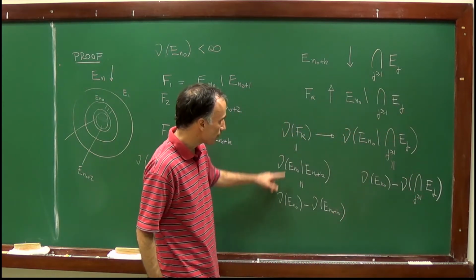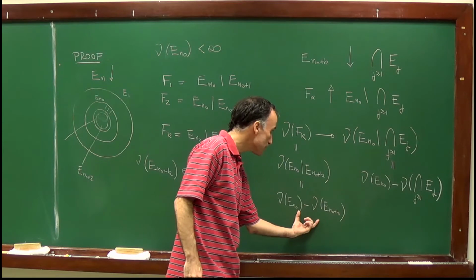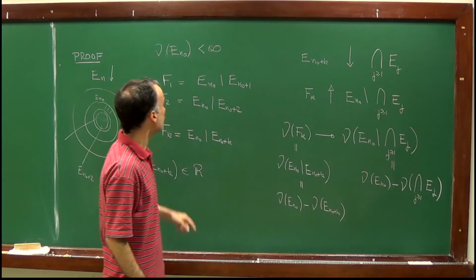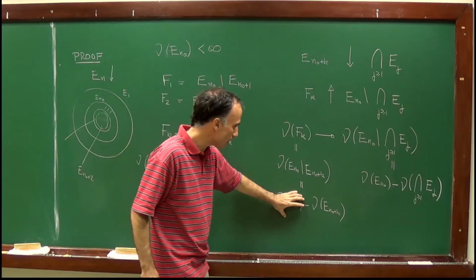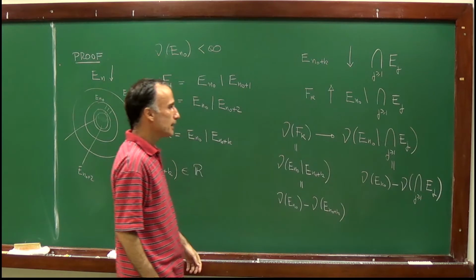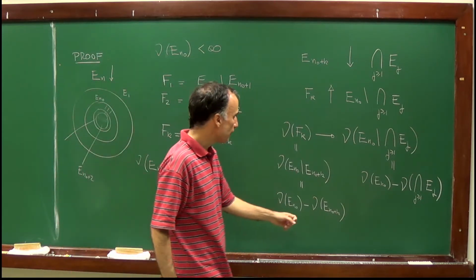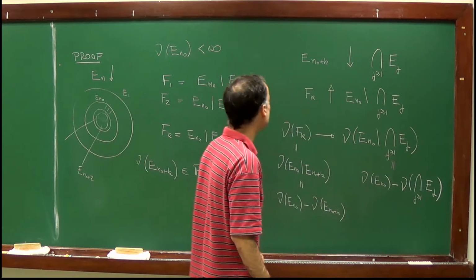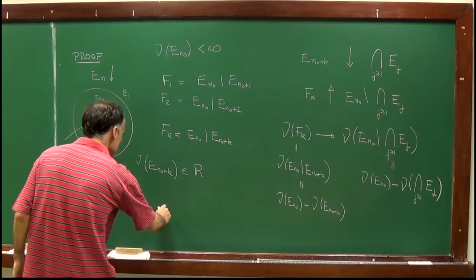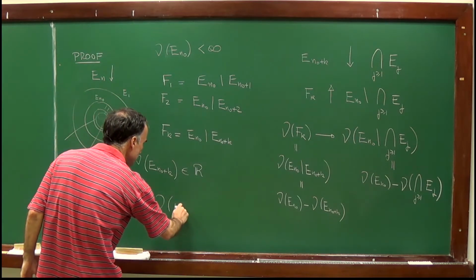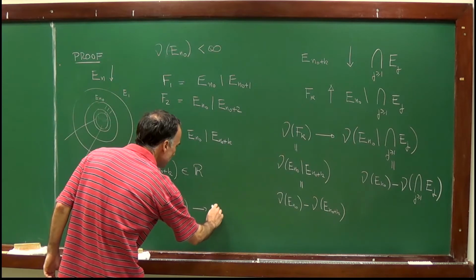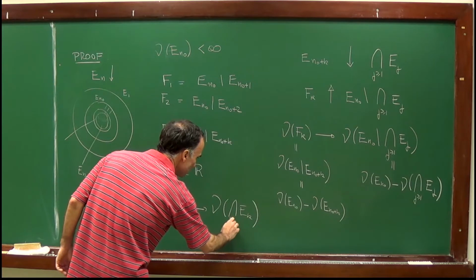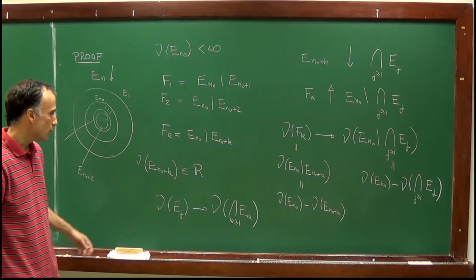What we have is that this difference is converging to that difference. Since nu of En0 is a real number, I can subtract nu of En0 on both sides and conclude that nu of En0 plus k is converging to nu of the intersection. But this is exactly to say that nu of Ek is converging to nu of the intersection of Ek, which is what we wanted to prove.